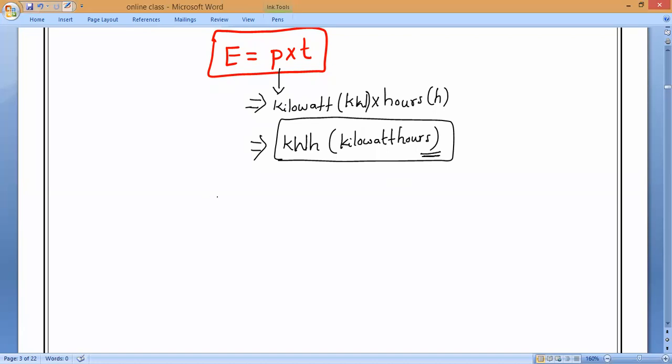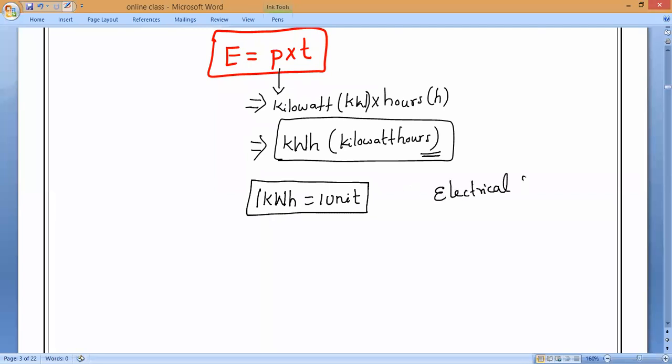So remember that the most common unit we use for electricity power is the unit. 1 kilowatt hour is equal to 1 unit. That is what you have to remember. In general language, we say unit is the common one for electricity consumption, meaning electrical energy. What is the electrical energy consumed by our house for 1 month?